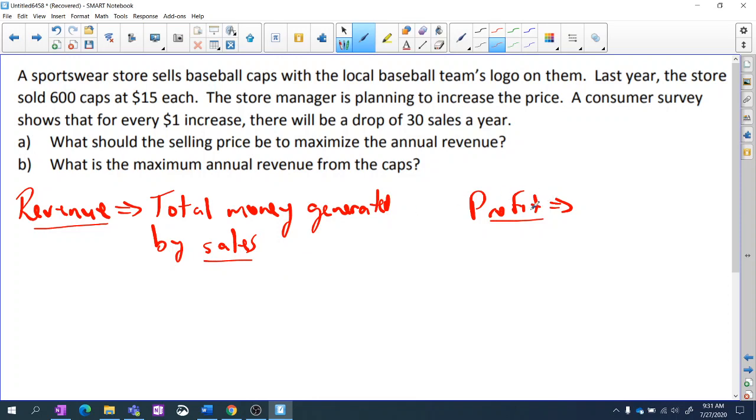Versus profit, where you take the money you generate by your sales, but then you subtract your costs out of that. What did it cost you to buy the material? What did it cost you to pay your employees? Et cetera. And then anything that's left over is considered profit. So profit is essentially the revenue you make, but then you must subtract any costs that you have. That's the profit. This is more of what they call your bottom line. What are you actually making from the business?